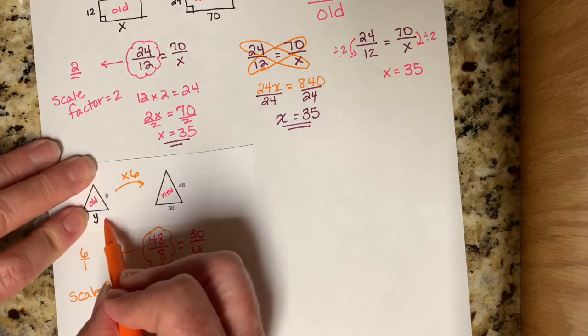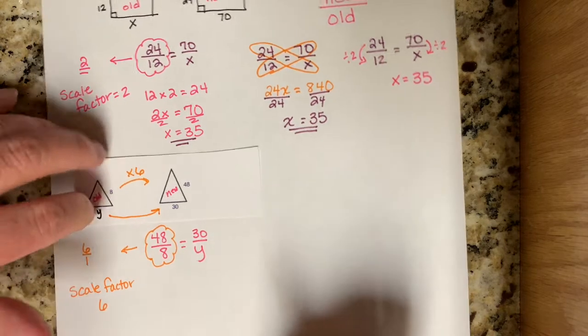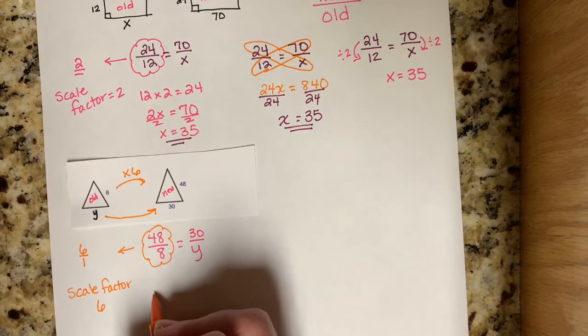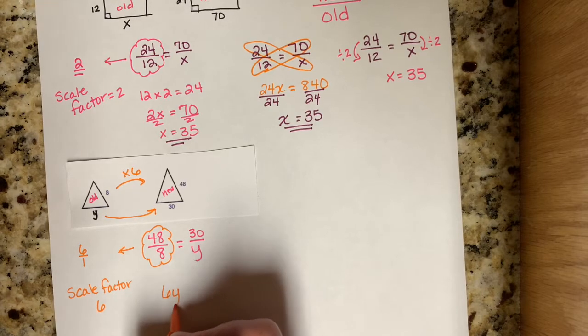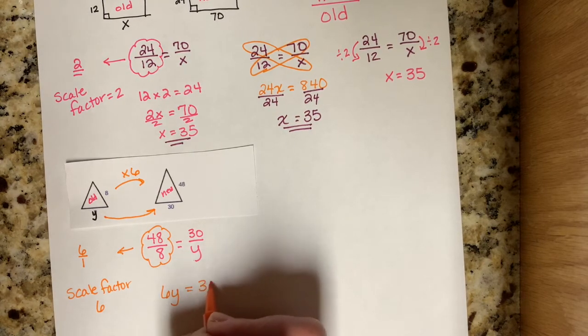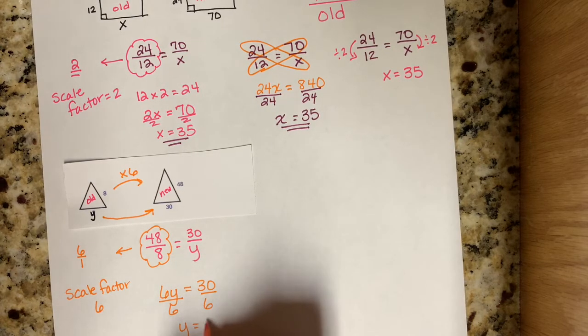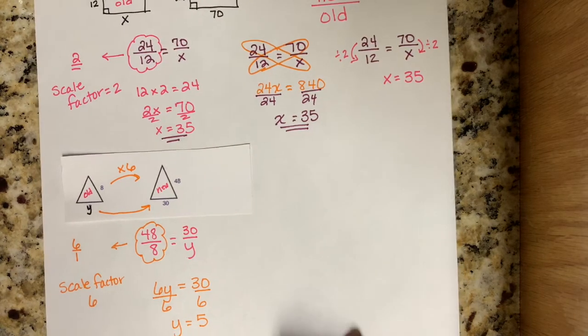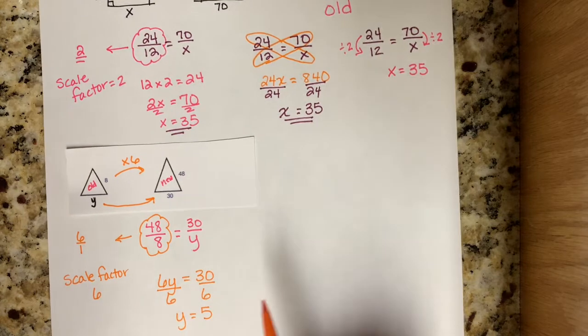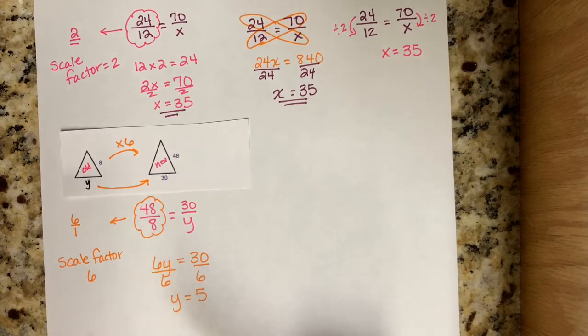I can also take my y value and multiply it by 6 to get 30. So I could think about this as 6 times y equals 30. If I divide both sides by 6, we get y equals 5. So what this is saying is that the base of that old triangle is 5.